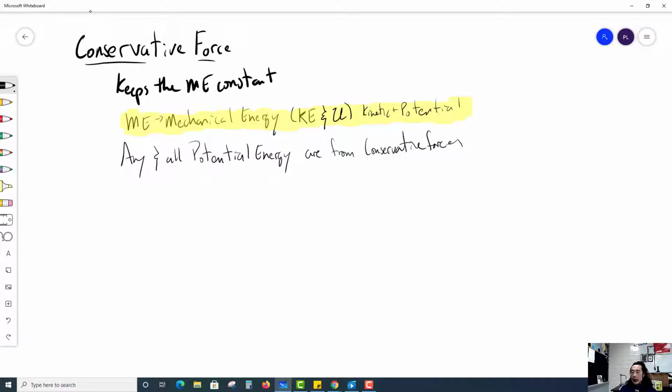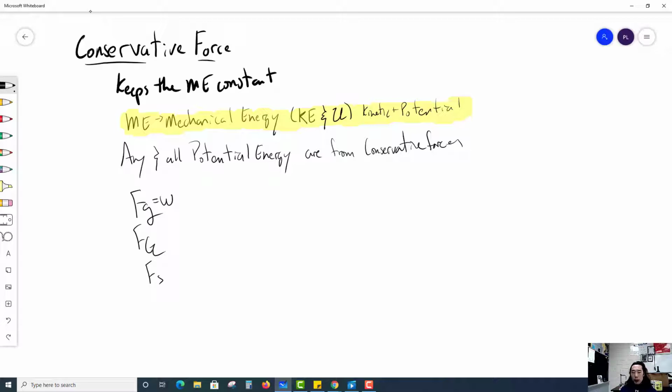We have F of G. This is the weight or the force of gravity. The gravitational force is a conservative force, and the next one is the force of a spring. So all three of these forces lead to some form of potential energy, and they are all conservative forces.